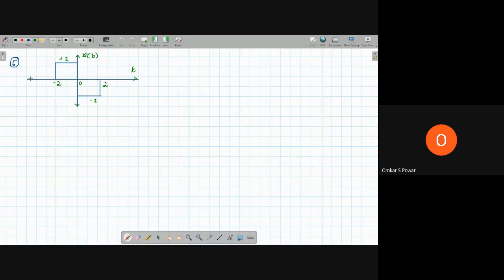Now what is the question given? For the signal shown below, find the Fourier transform. What is the first thing we have to do? First, we have to write the mathematical expression. So let me write it for you. x of t is equal to 1 defined from minus 2 to 0, and x of t is equal to minus 1 defined from 0 to 2.